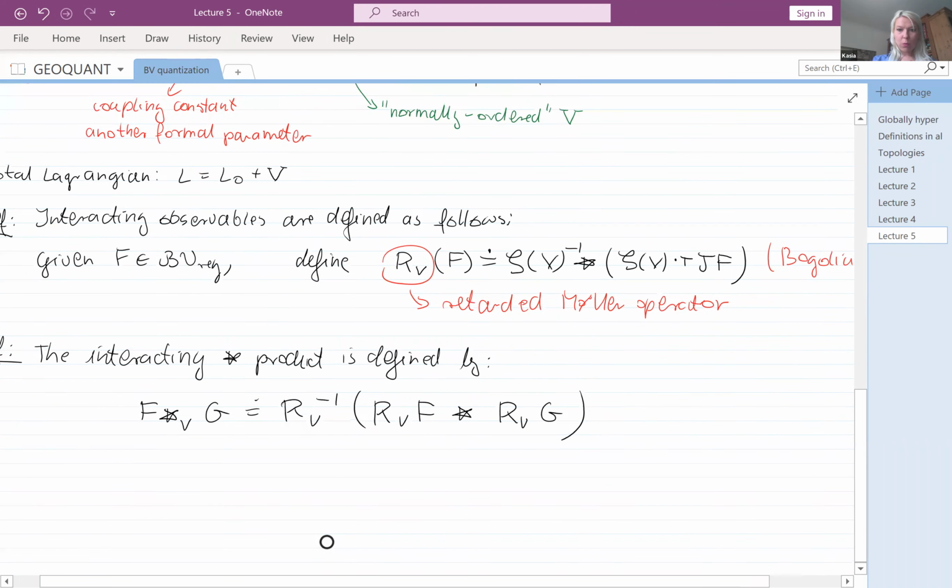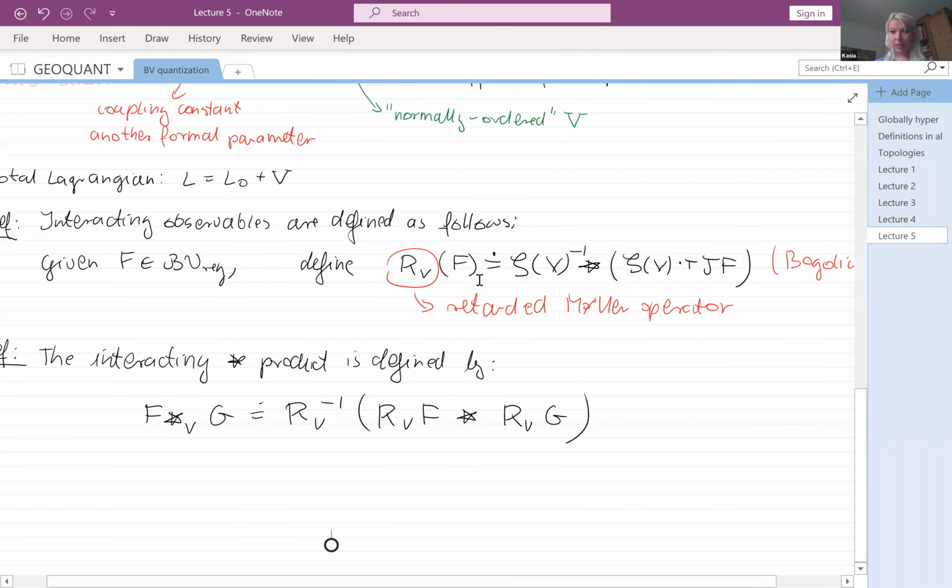So one, I should have said that this retarded Møller operator, if we started with F, which doesn't have any ħ slapped onto it, R_V of F actually still turns out to be starting at order 0.